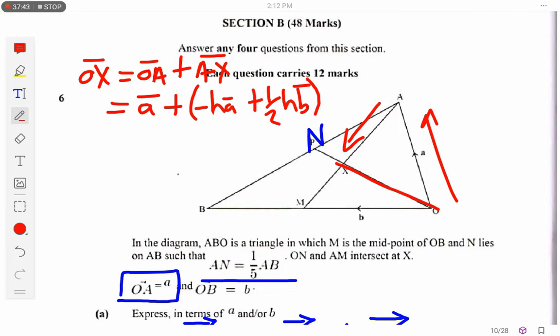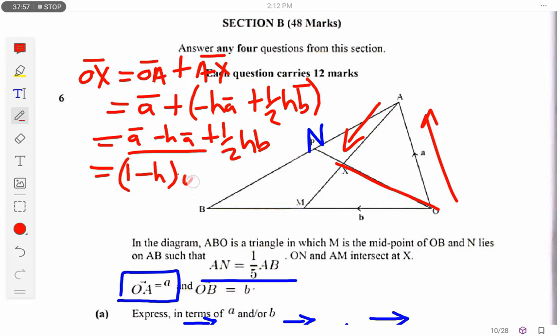Okay, so we have to simplify and take the A's together. So it is going to be A minus HA, then plus half HB. So these ones have a common A there, so we can say 1 minus H, and we have an A outside, plus half HB, like that.